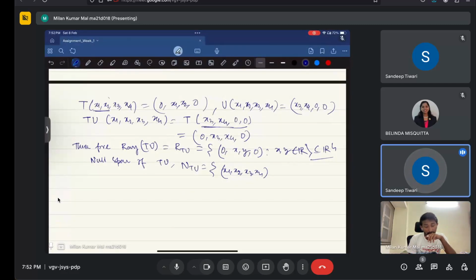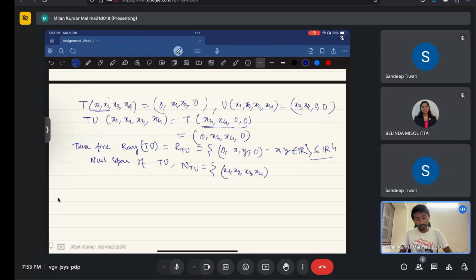Sorry, sir. The general element of the null space of T, sir. Oh, sorry, yeah, maybe that's true. I'll just check. It belongs to R^4 such that (0, x1, x2, 0) will be 0, right?